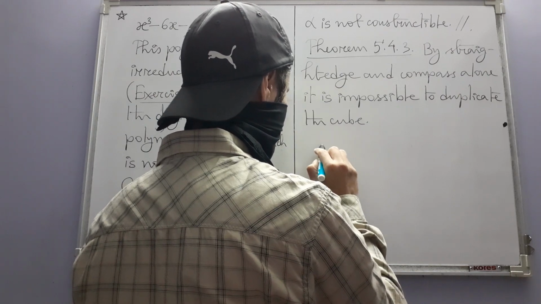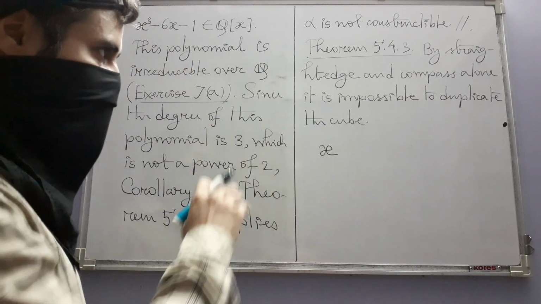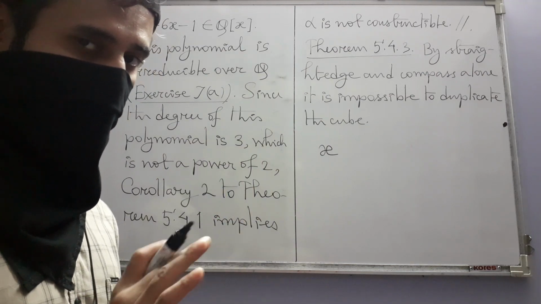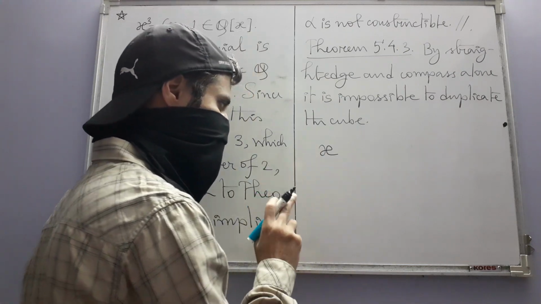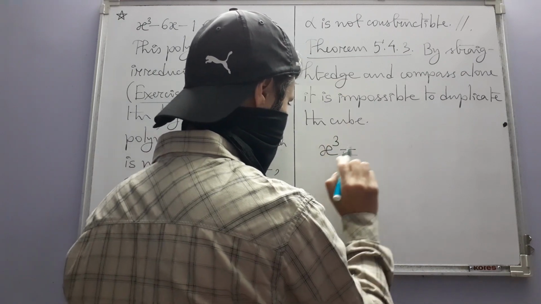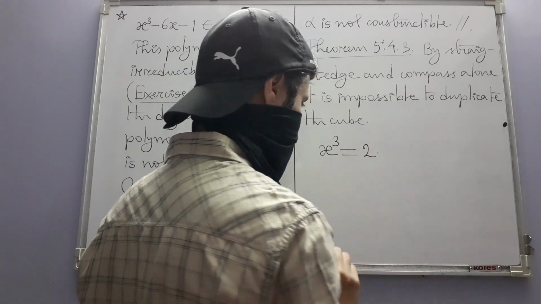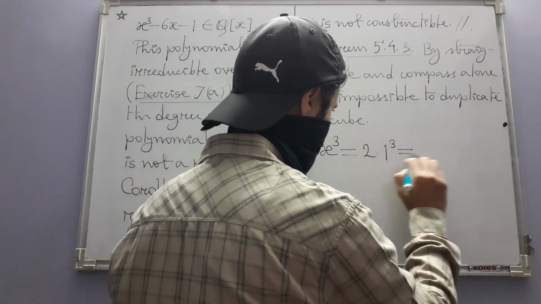Then constructibility of that cube, whose volume is twice the volume of the previous cube, means constructing a cube of side length x such that x cubed, the volume of the new cube, will be 2 times the volume of the previous cube, which is 1 cubed.